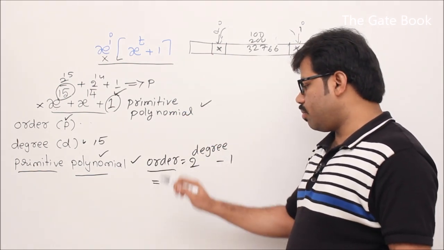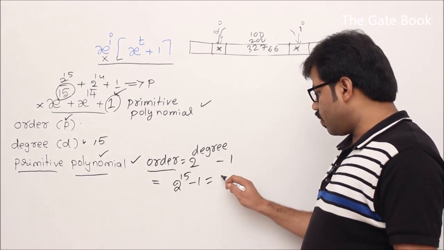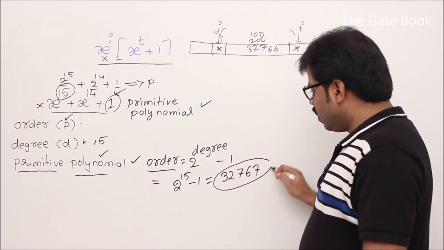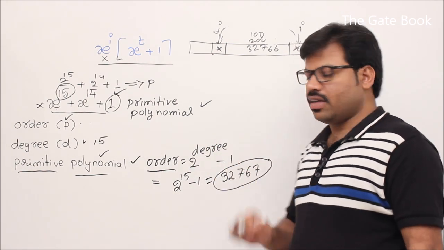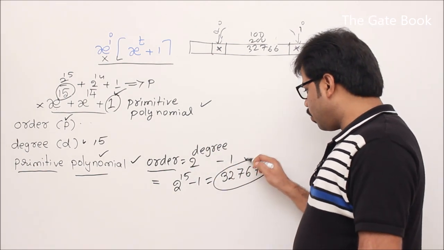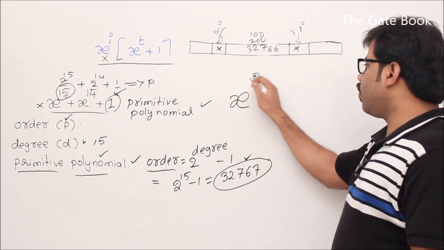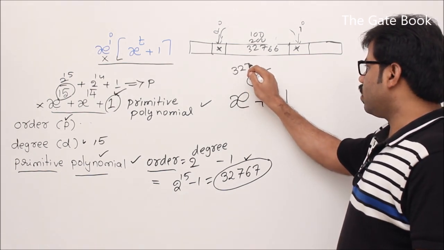Let's compute the order of that primitive polynomial. 2 power 15 minus 1, which is 32,767. Sir, what does it mean? Recall the order of a polynomial again. Any polynomial's order is something, then that polynomial is going to divide some x power e plus 1 for the first time at e equal to this order.